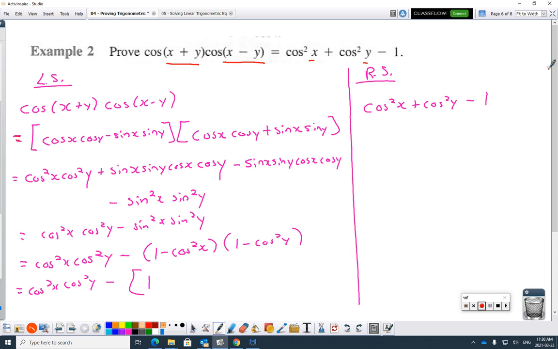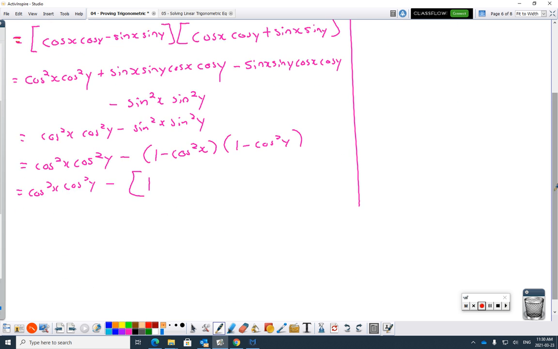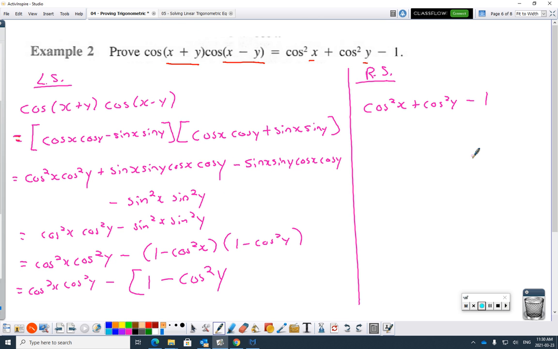Yeah? So if you want to be really upset in the middle of these questions, that's fine. But just make sure your head's on a swivel where when something good starts to happen, you're like, ooh, that's fun. I'll move that back up there for a second. 1 times 1 is 1. Then I get negative cos squared y. I'm just multiplying out the brackets here. Oh, yeah, starting to happen.